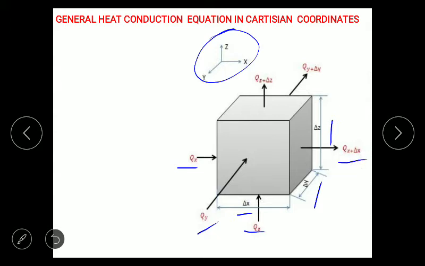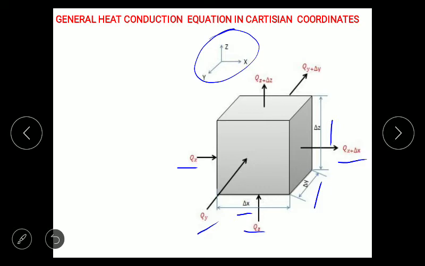For convenience, we have this notation: qx is the heat that is applied, which flows through a thickness delta x. So there will be some change in heat input, and with that change, the heat that is coming out in x direction is qx plus delta x.